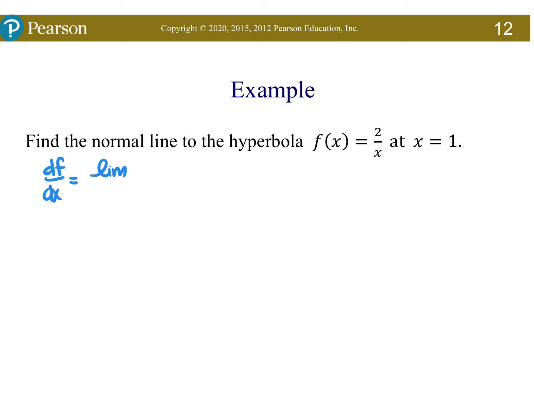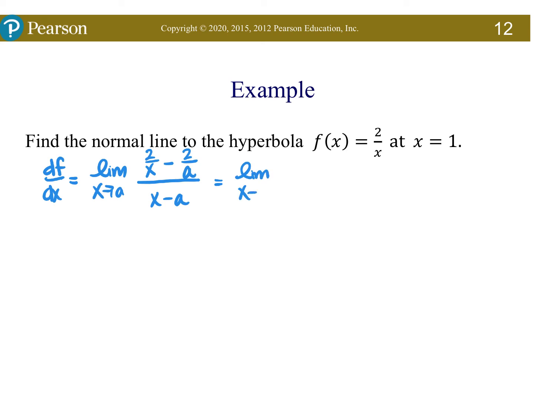So this will be the limit as x approaches a. The denominator is x minus a. We start with f of x, which is 2 over x, minus f of a, which is 2 over a. Then the algebra on this.